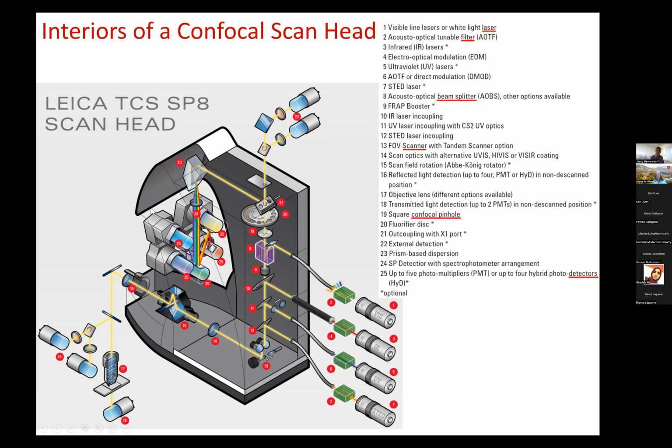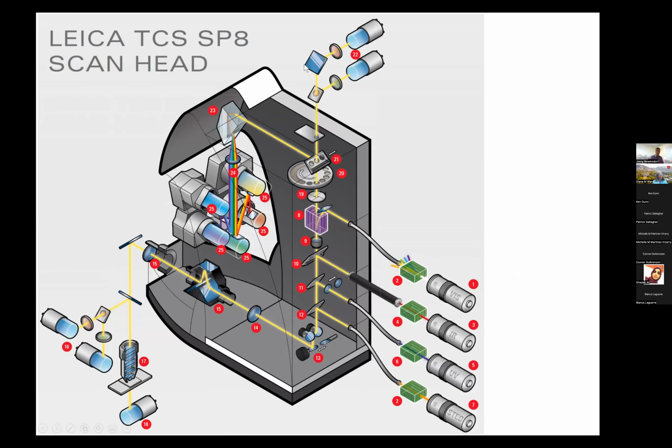So here is a description of all the little numbers in there. I'll leave that for you to look at later if you're interested in from the recording. But we will now zoom in here a little bit more, and I'll guide you through how the light is traveling through this scan head.